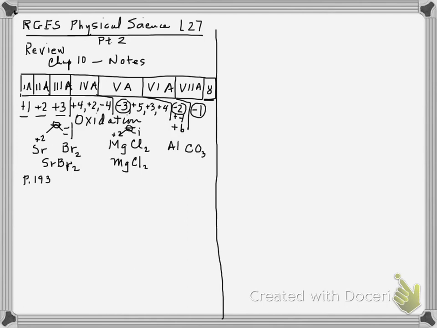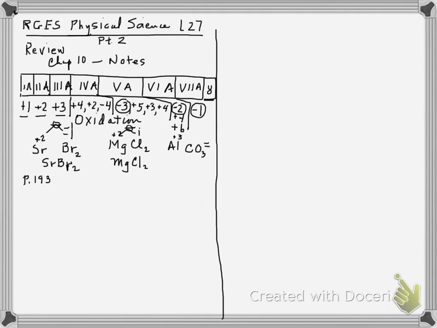Okay, for this third one, let's look at aluminum and the carbonate polyatomic ion. The carbonate has a -2 oxidation number. It's got 2 negatives. And of course, aluminum is in the boron family, in that 3A family, so it's going to have a +3. So the question is now, how many aluminums join up with how many carbonates?